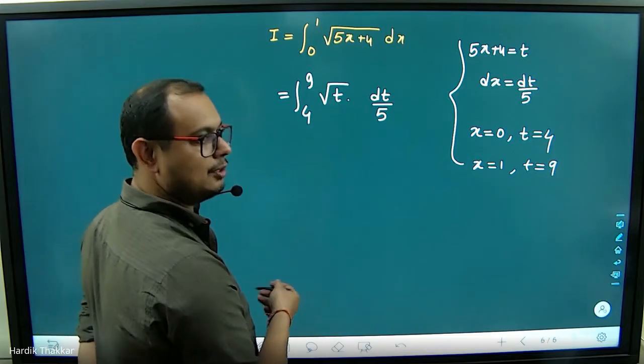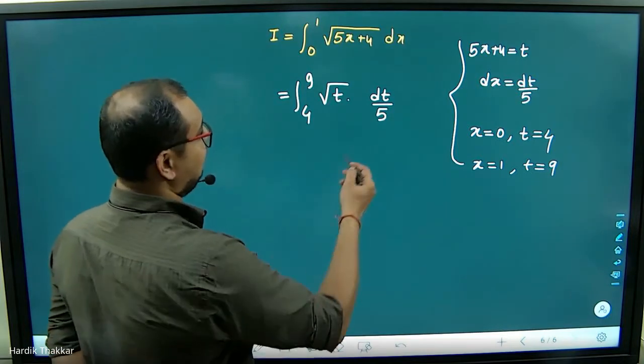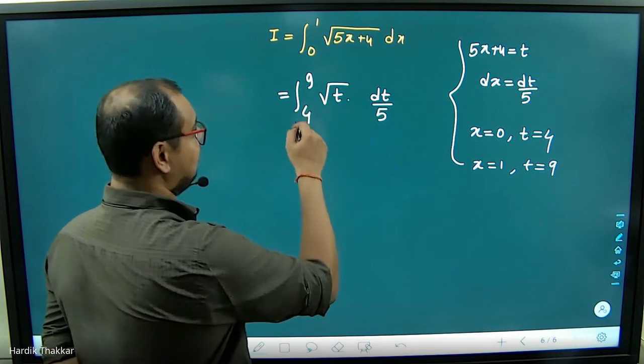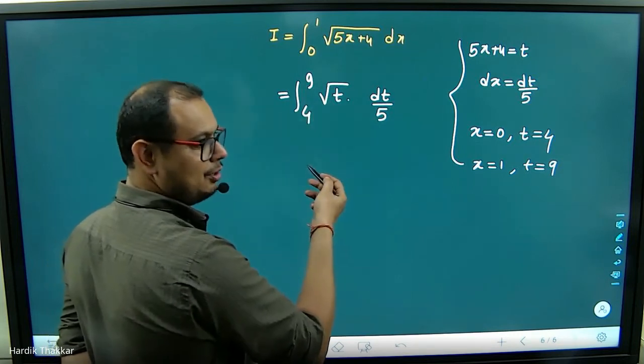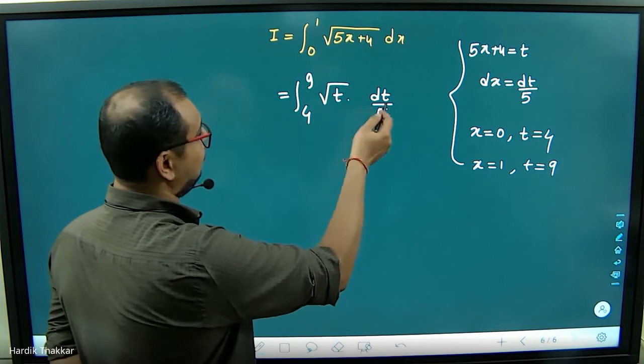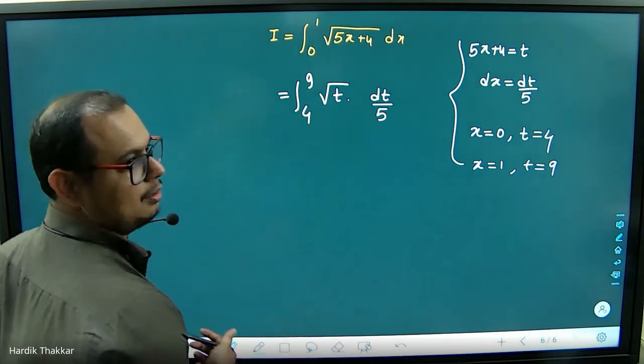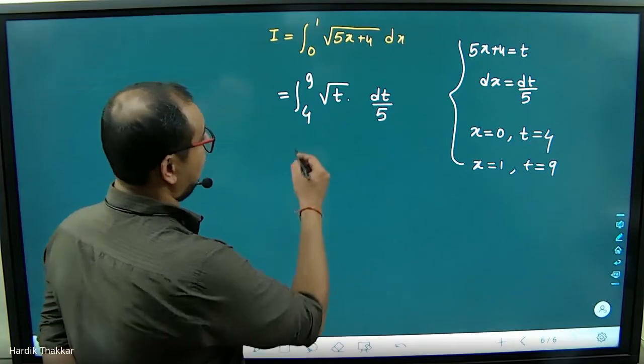We have to change the limits, because if we are changing the variable, then the limit should also be changed. If we are not changing the limit, only changing the variable, then it is wrong. Yes, sir. And then we will be integrating root t also, no? Yes.